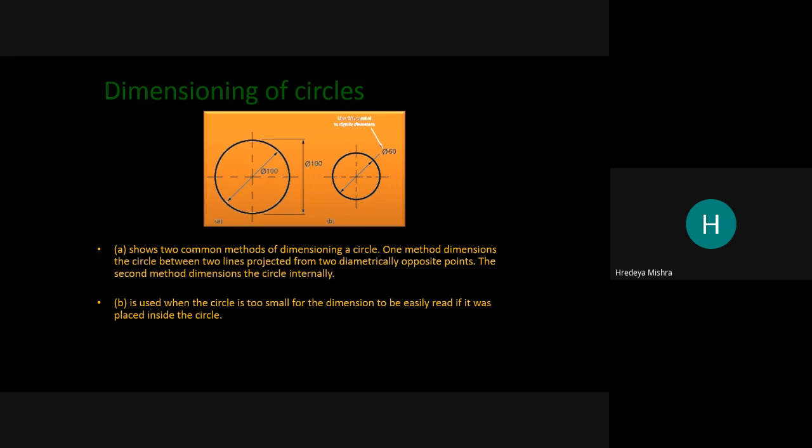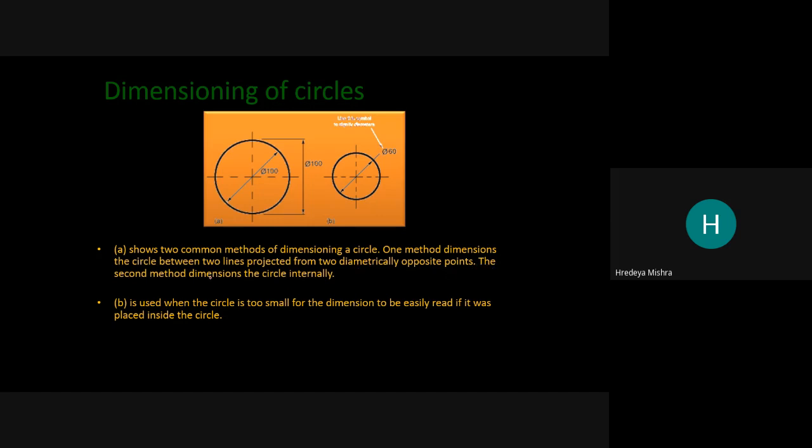So there are two common methods of dimensioning a circle. One method is to dimension the circle between two lines, from a projected point to the opposite point of the dimensioned object.